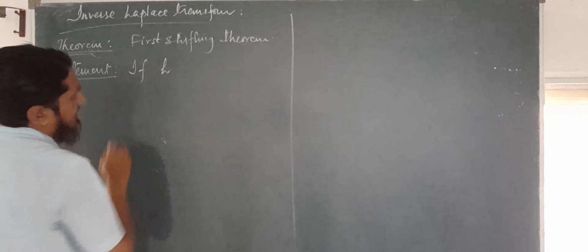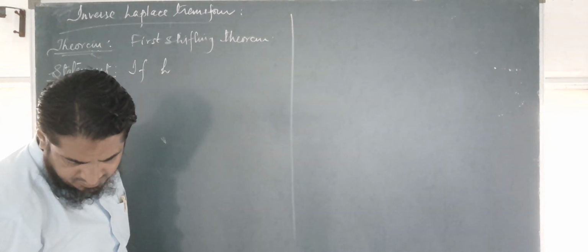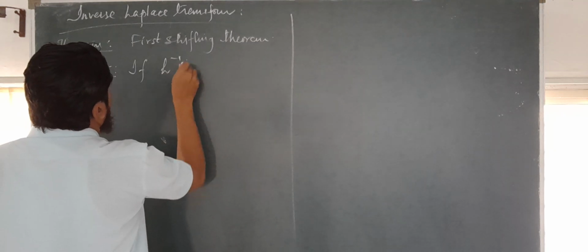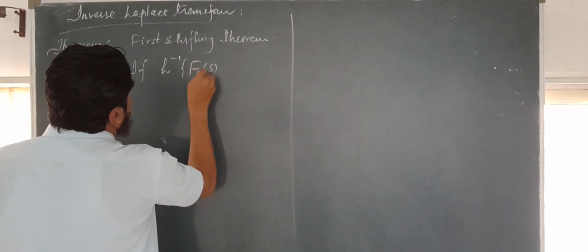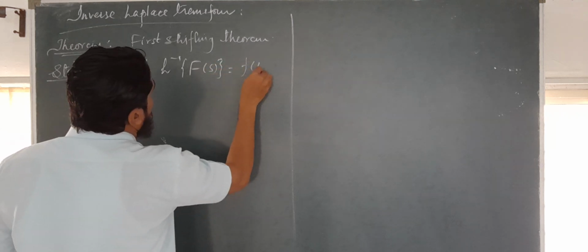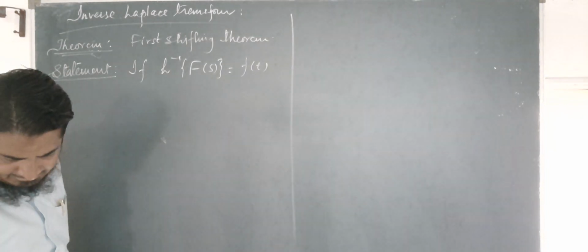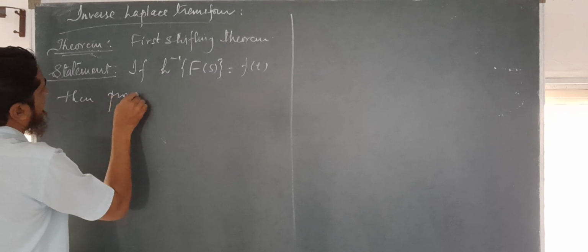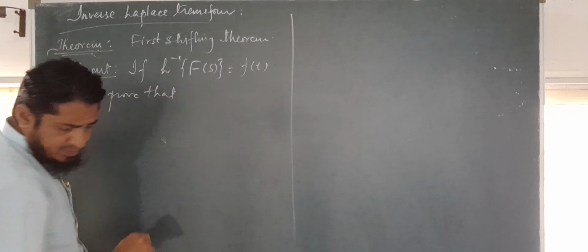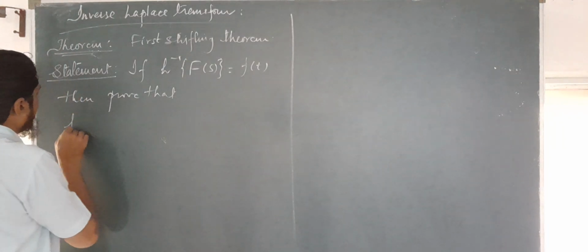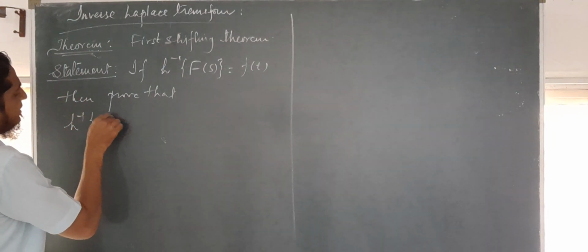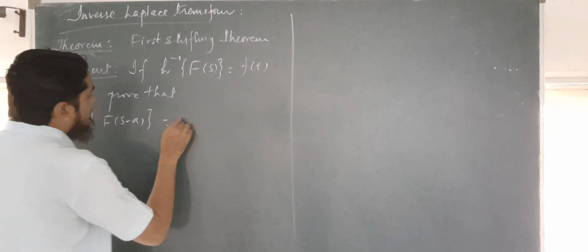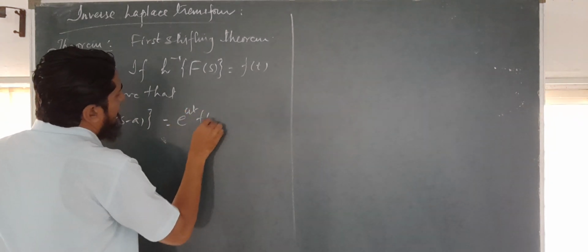If L inverse of f of s is equal to f of t, then prove that L inverse of f of s minus a is equal to e raised to at f of t.